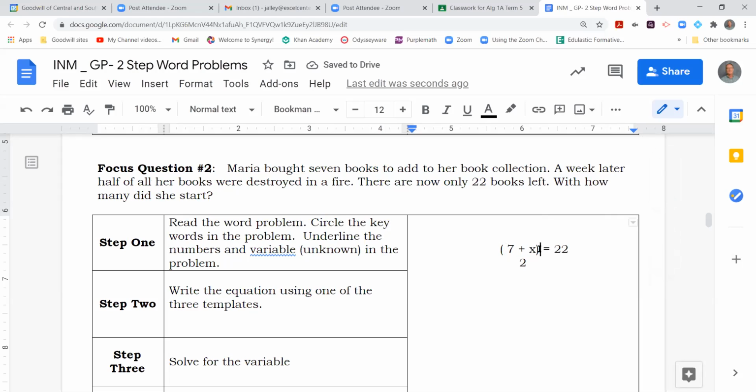Our variable's tied up in the quantity. Whatever she added 7 to is now being divided by 2. So how do we get rid of the fraction? Multiply by 2. We do that, and finally we get 7 plus x equals 44.